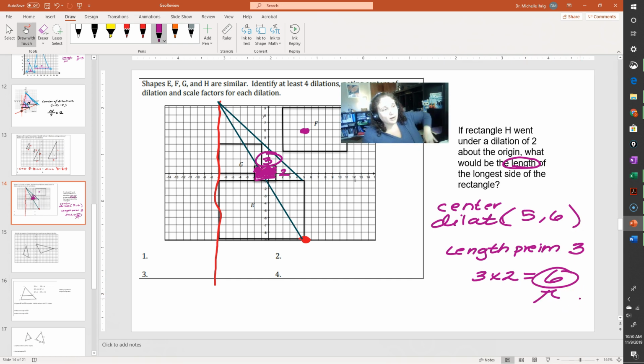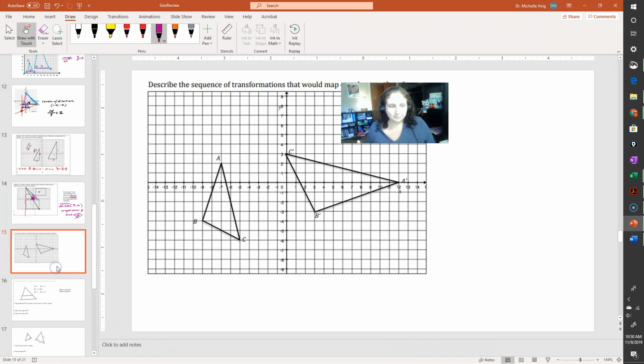So no matter what our origin is, no matter what our pre-image is, all we need to do is just go ahead and multiply. You don't have to do anything with vectors because it doesn't matter where the center of dilation is. We just know it's being dilated. Now, if it asks you for the coordinates, then it would matter. But if it doesn't ask you for the coordinates, then it doesn't matter.